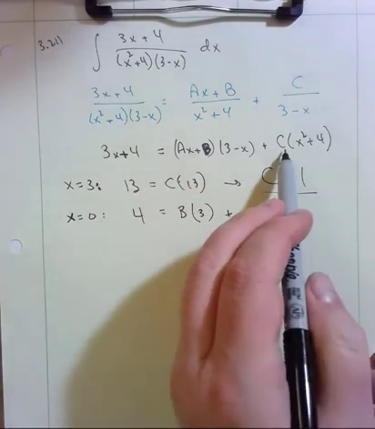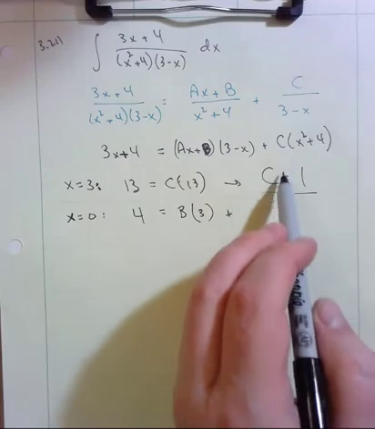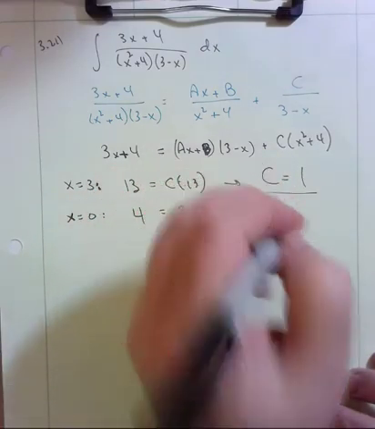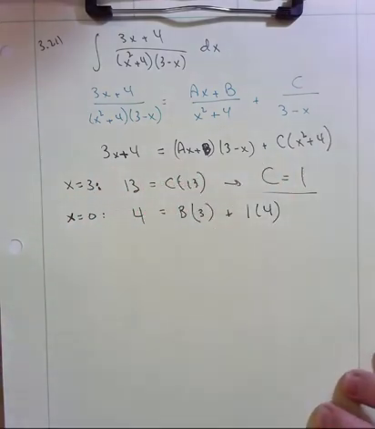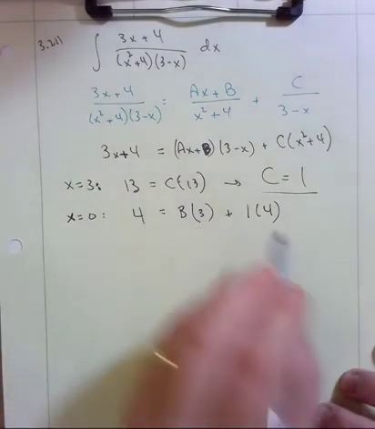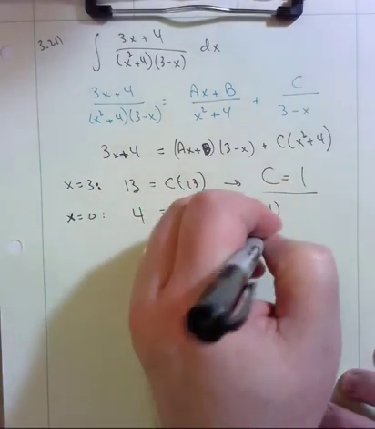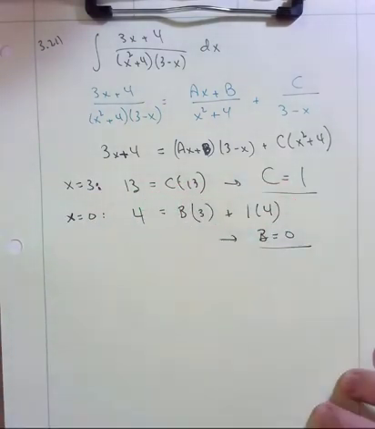And then over here, when x is 0, this is a 4, but c we now know to be 1. And so we can finish off that side like so. And then this is 4 equals 3b plus 4. The 4's cancel. 3b is 0. So we've now discovered that b has to be 0.